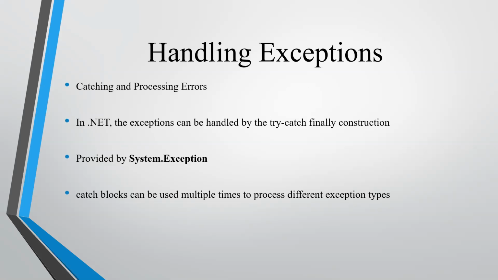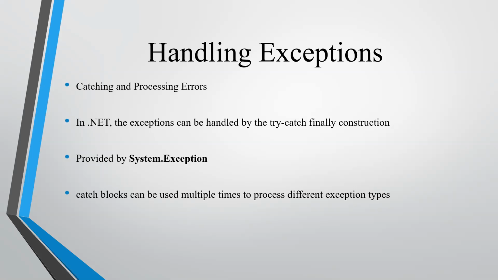Next is handling exceptions. Handling exceptions in layman terms means catching and processing the errors which we get during the execution of a program. In .NET, the exceptions are handled by try, catch, finally blocks, which we'll see in detail. All the exceptions are provided by System.Exception class, which is the base class, or you can say the parent class, for all kinds of exceptions in .NET.